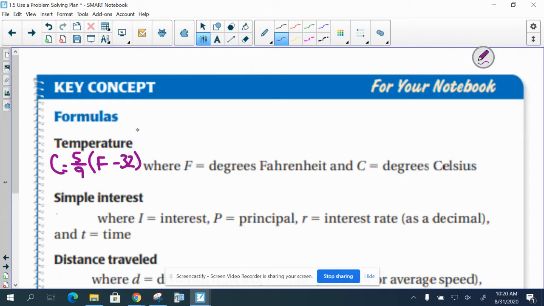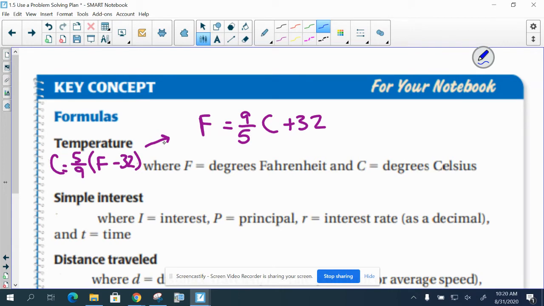So the other equation that relates Fahrenheit to Celsius is Fahrenheit equals 9/5 Celsius plus 32. The way this makes sense is if you wanted to solve for F, Fahrenheit, you would first multiply by the reciprocal of this fraction, so multiply by 9/5 on both sides.